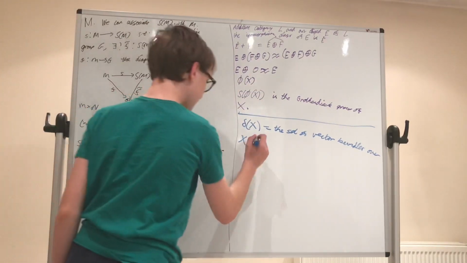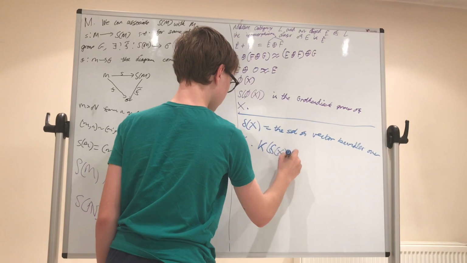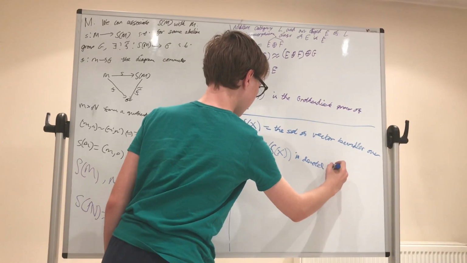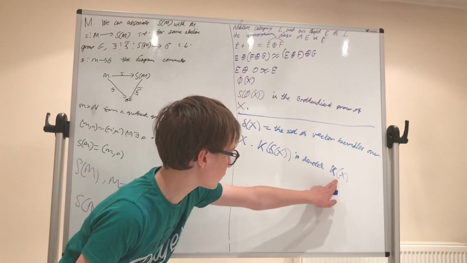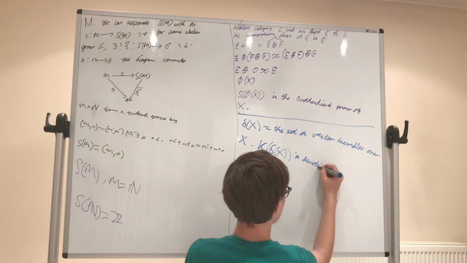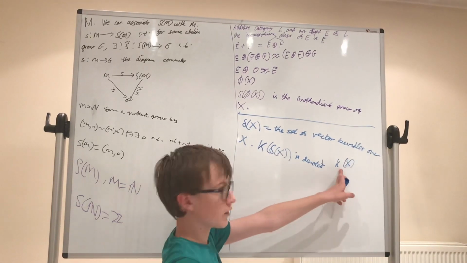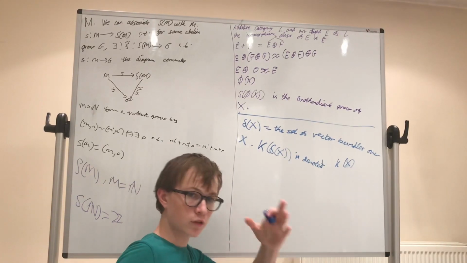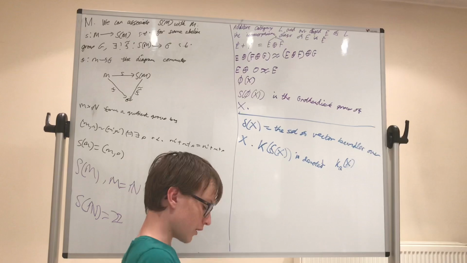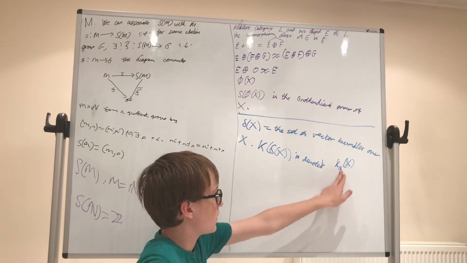So K of delta of x is denoted K of x, and sometimes if it's a vector bundle over R or the complex numbers, there will be a little R or C depending on what there is here, to avoid confusion.